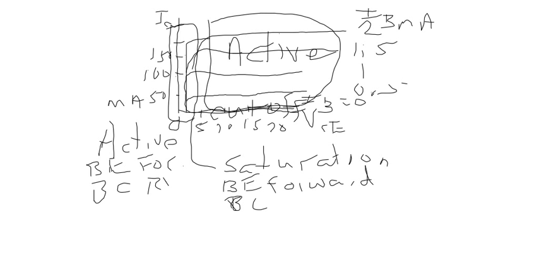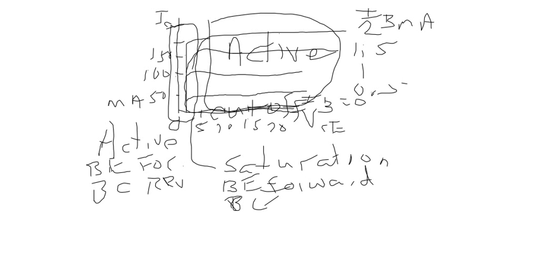And that's the region we have to be in for the transistor to operate. In saturation, they're both forward biased, and in cutoff, neither one's forward biased. There's nothing to forward bias the base emitter junction, so there's no current flow.